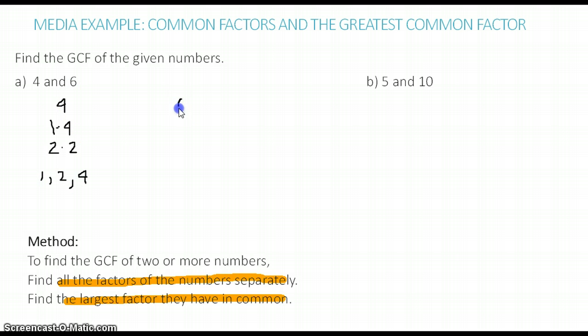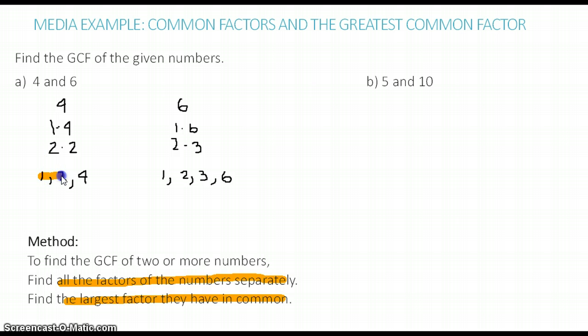The factors of 6 are 1 times 6 and then 2 times 3. And that's the highest we have to go for 6. So 6's factors are 1, 2, 3, and 6.